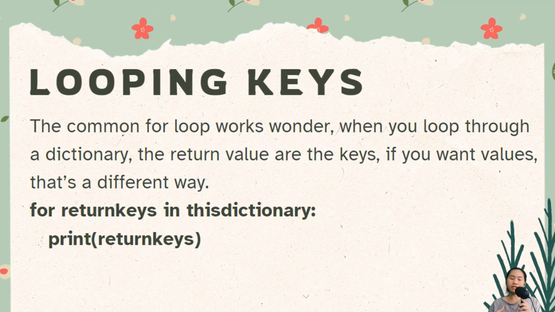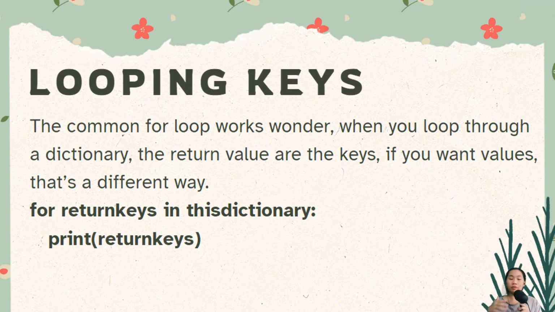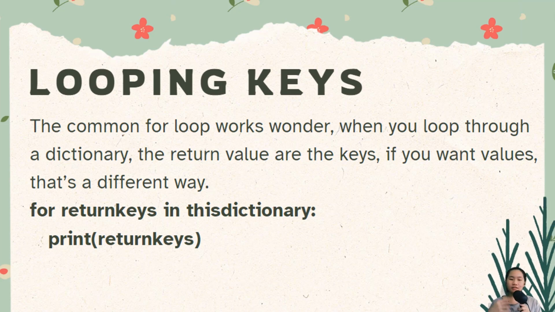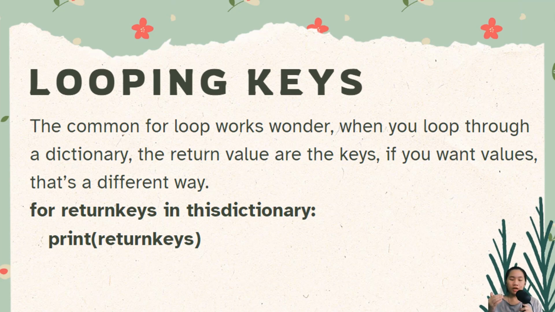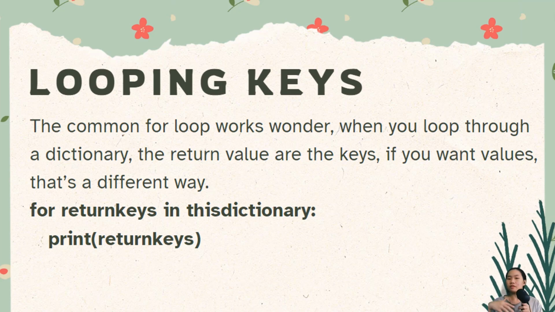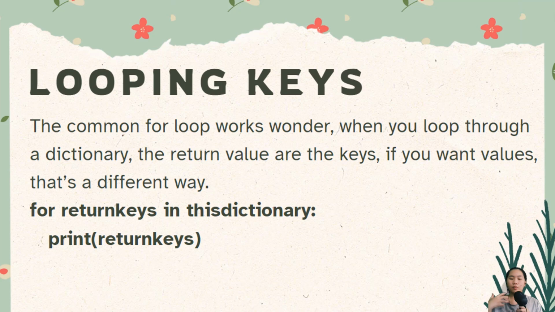Since there are keys and values in dictionary as opposed to simply values in list, set, and tuple, let's take a look at how to loop keys first, all right? So, the common for loop does just as well with looping keys, and when you loop through a dictionary with this for loop, you will get the keys and only the keys, all right?